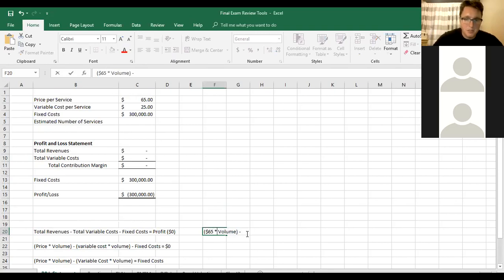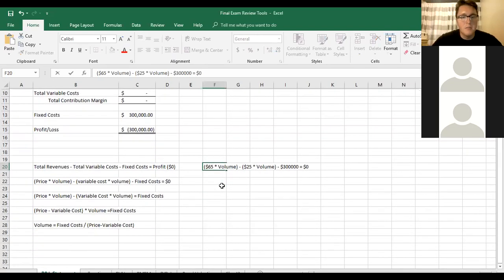So 65 times the volume, minus my total variable costs, which is $25 times the volume, minus my fixed costs, which is $300,000, equals profit. And remember, when we're doing volume break even, we just want to have a $0 profit. So we can set that to 0.